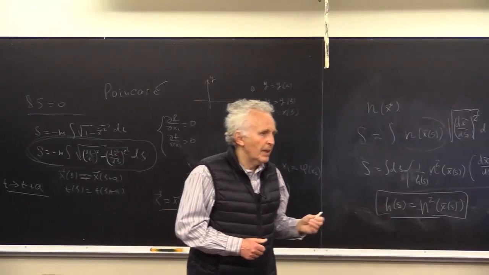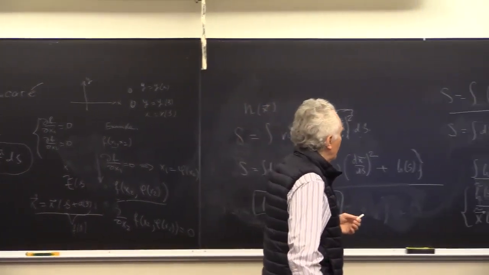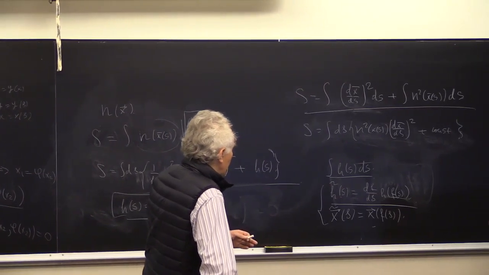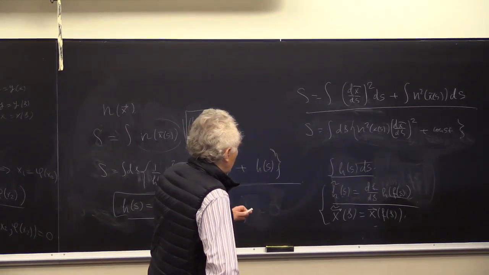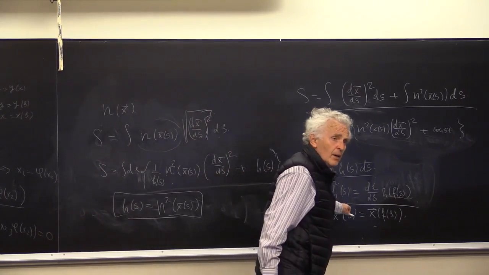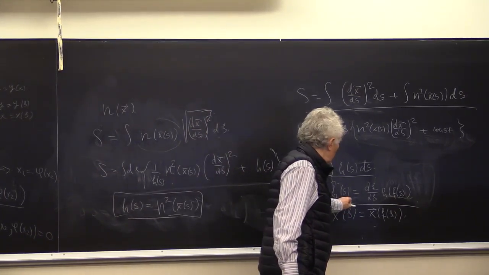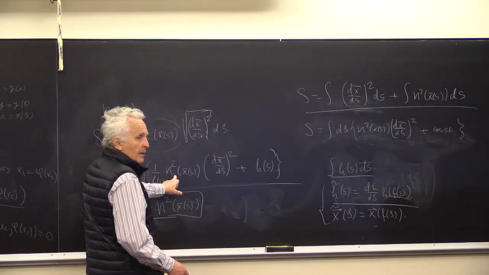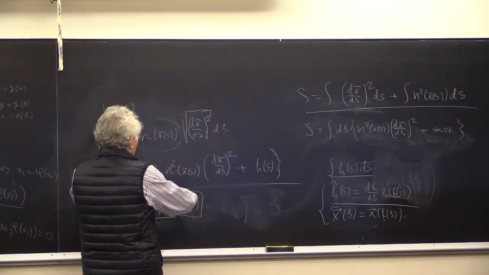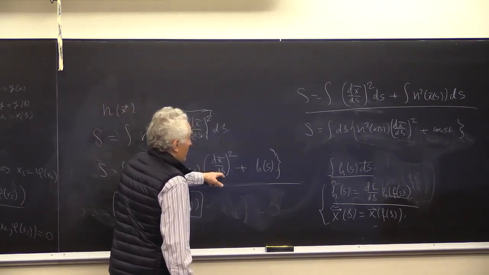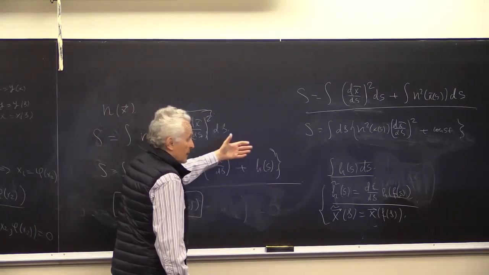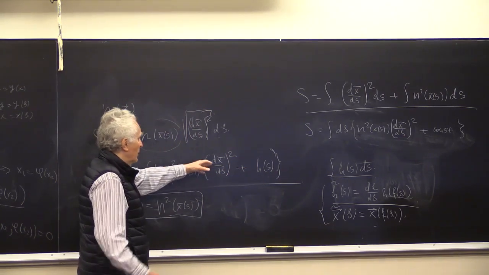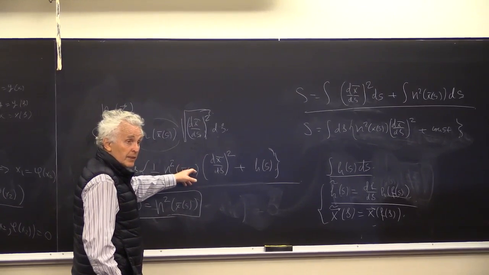I have a question. Yeah, go ahead. Are the f's identical in the two? Like, does the f of s in the x transformation have to be the same as for the h? Why? Do the two f's have to be the same? Oh, yes, of course. Because you see, if you take a different f for x and for h, then those df ds certainly will not cancel here.